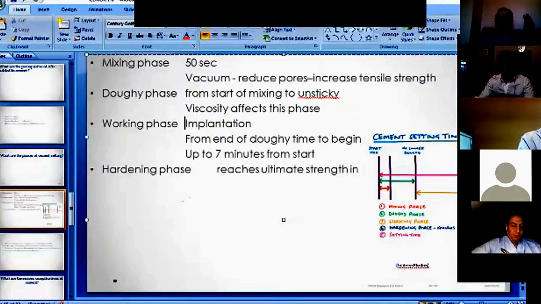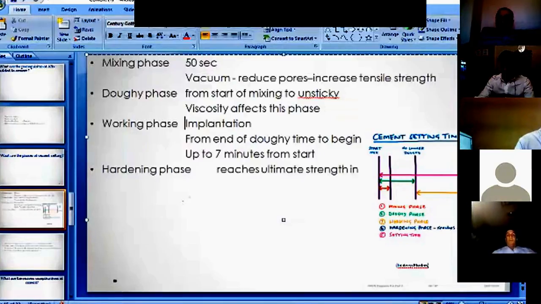It starts from the end of the doughy phase, and it's normally about 6 to 7 or 8 minutes depending on the cement you use. So you need to know each phase for the type of cement you use, and there are many factors that affect the duration of these phases. Okay.